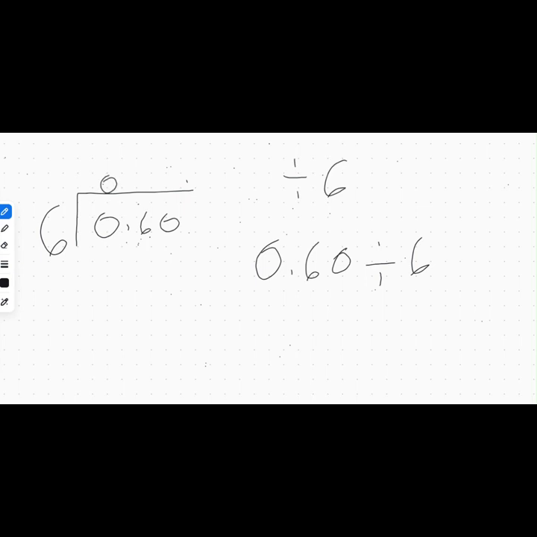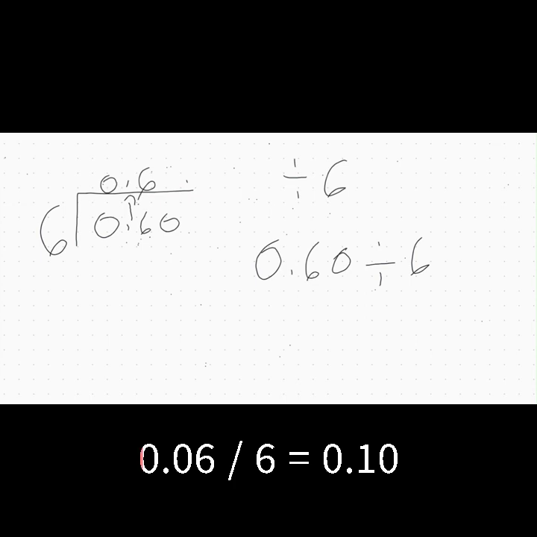You have to make sure that you carry your decimal over, and then 6 goes into 0, 0 times. So wait, hold on. That's correct. So 6 goes into 0.06, 0.1 time.